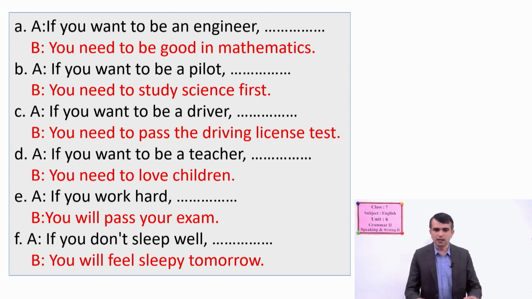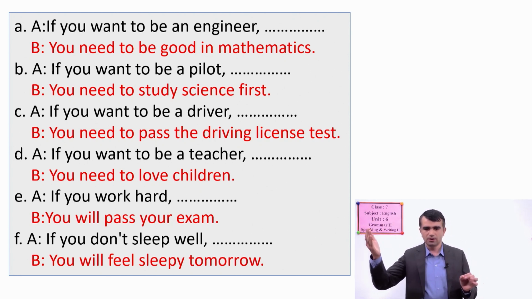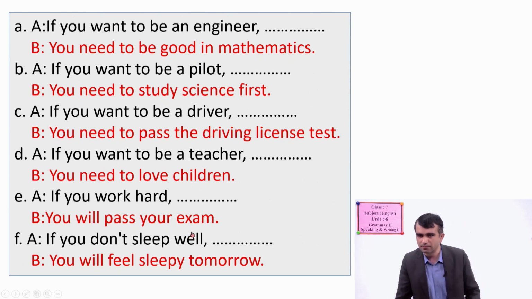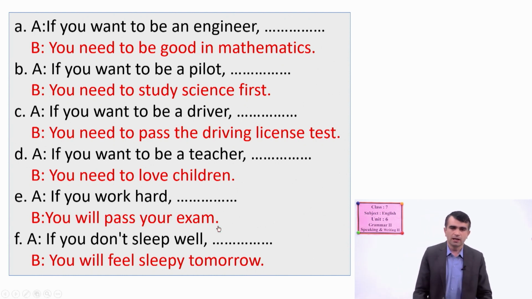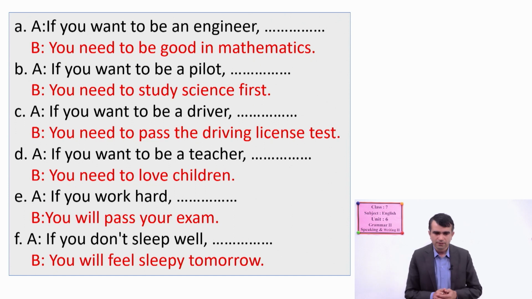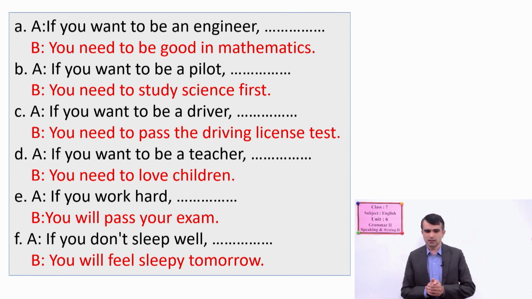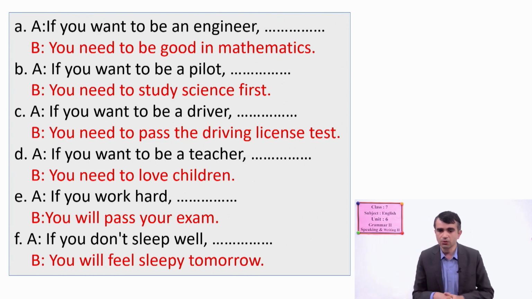Number E. If you work hard, what will happen? You will pass your exam. If you work hard, you will be successful. So that way you can complete. Now, last one. Number F. If you don't sleep well, you will feel sleepy tomorrow.